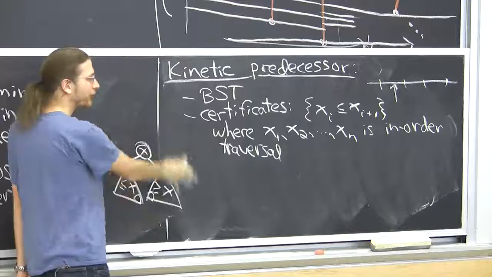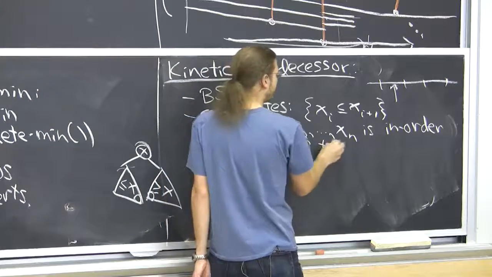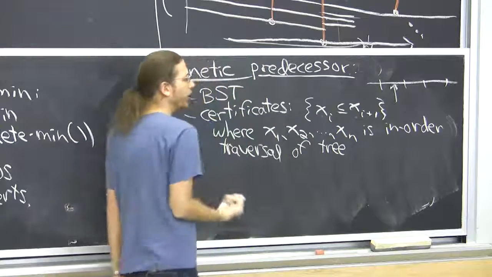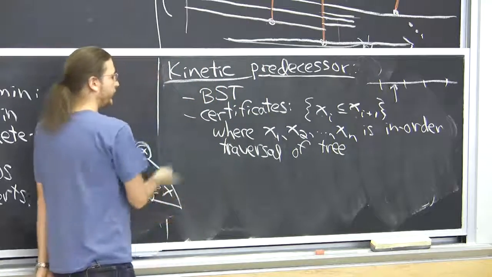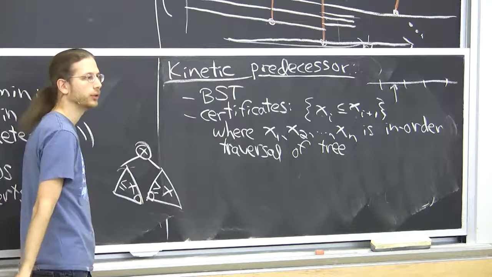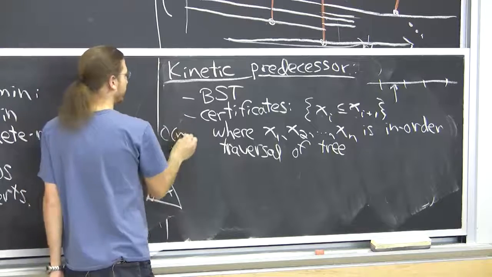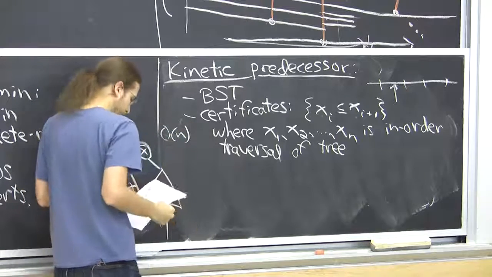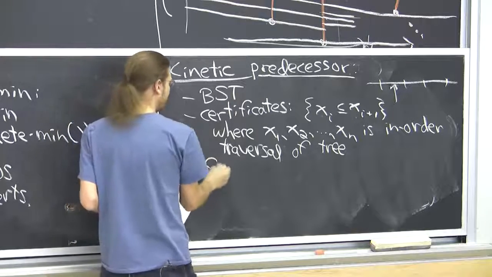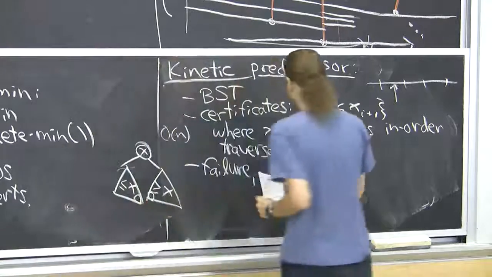But we can use the abstract shape of the tree and do an in-order traversal and say, look, as long as x_i is less than or equal to x_{i+1} in the in-order traversal for all i, then this is a valid binary search tree. If an in-order traversal stays sorted, we're golden. So those are my certificates, only n of them. That's nice. We need to check that we can compute a failure time. This is usually really easy, but we'll go through the exercise.